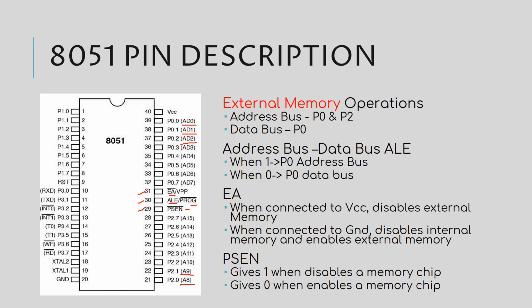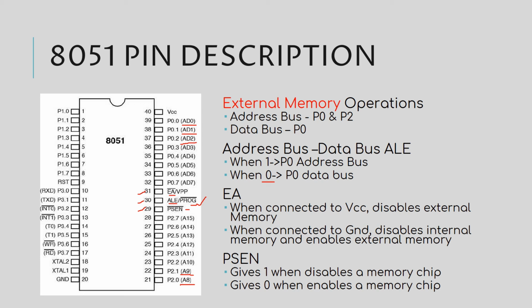So when P0 will act as address and when data, that is controlled by ALE pin, address latch enable. When this pin is high, 8051 sends address only through P0 and P2. When ALE is low, P0 act as data bus only.